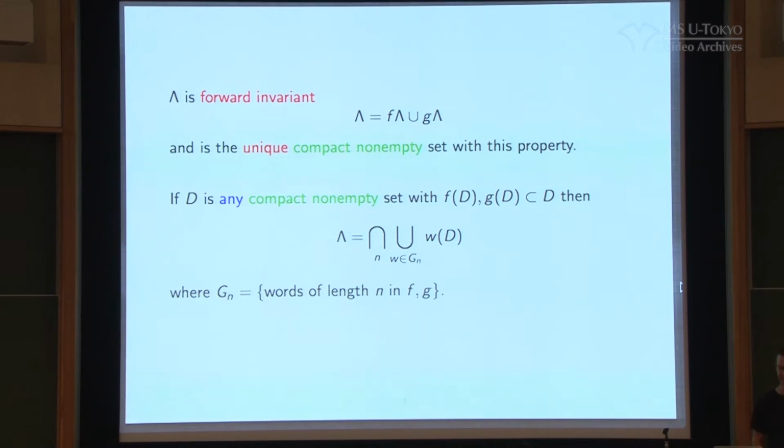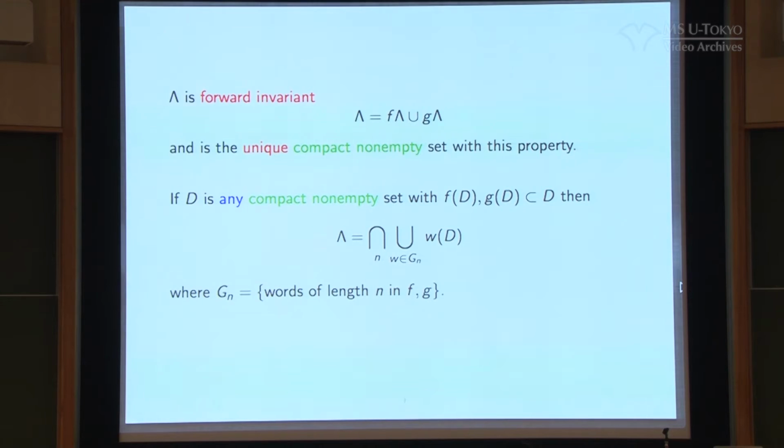How do you know that it's big enough? Well, the limit set lambda is forward invariant, and everything's contracting. So if you have any set D with the property that its images under F and under G are contained inside it, then it contains the limit set, because it contains something that's forward invariant, and this is the unique forward invariant one. Okay?